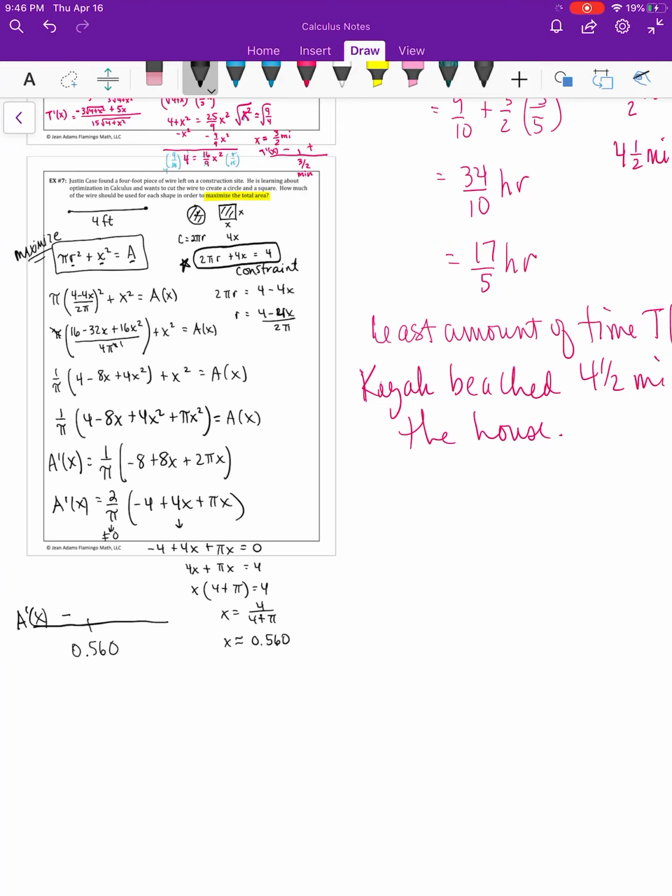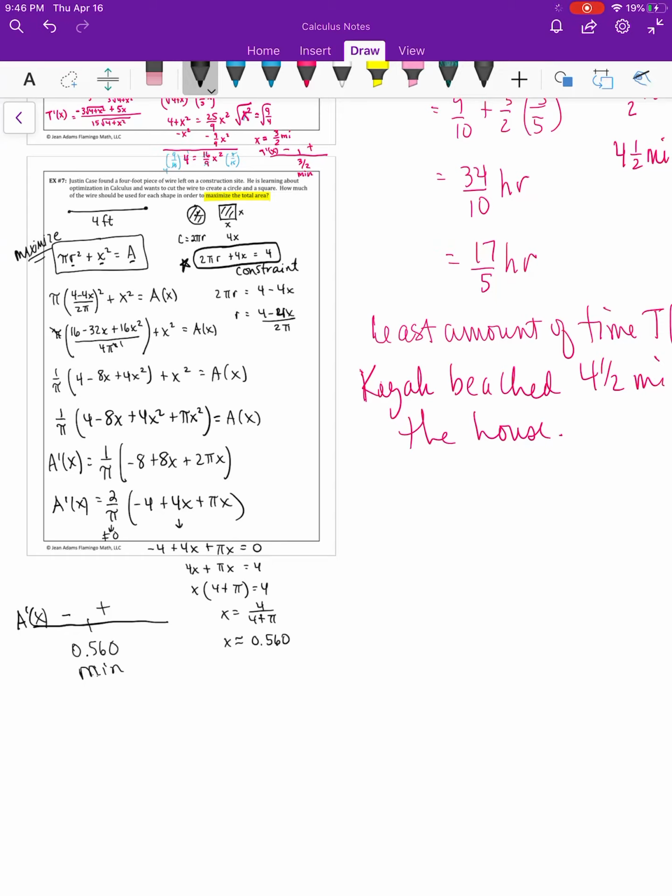So if I put a half into my derivative, I'm going to get 4 plus pi minus 8. I'm going to get a negative value. And then if I put like 1 in, I'm going to get 2 pi. I'm going to get a positive value. This is actually your minimum.